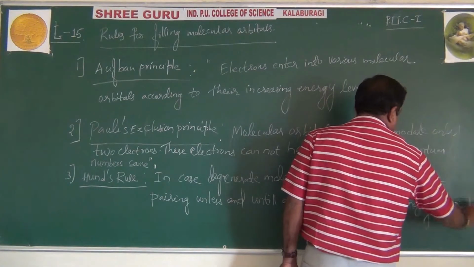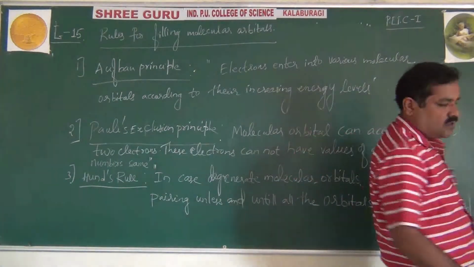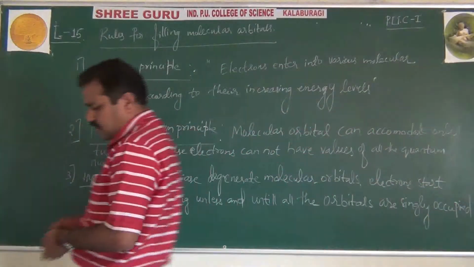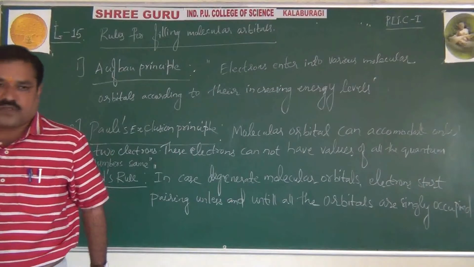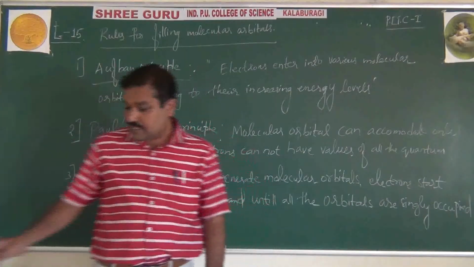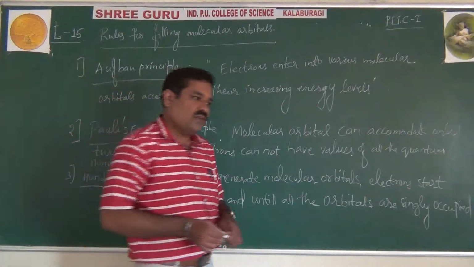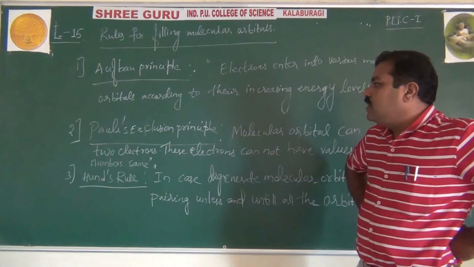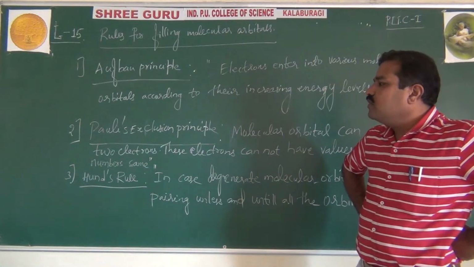That means first they occupy singly, then pair up, as usual, what we studied in the lecture on structure of atom. That's about the rules for filling up a molecular orbital. They also follow the same Aufbau principle, Pauli's exclusion principle, and Hund's rule.